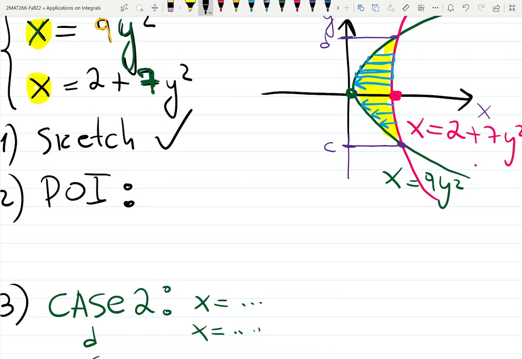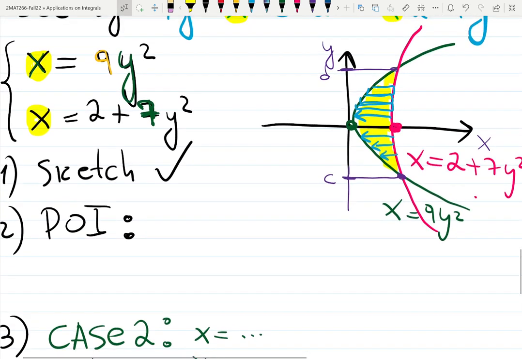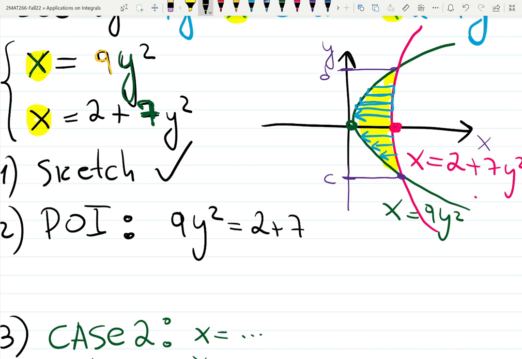Points of intersection come from the system of equations: x equals 9y squared and x equals 2 plus 7y squared. Left-hand sides are equal, so right-hand sides are equal: 9y squared equals 2 plus 7y squared. It's a quadratic equation; solve for y the way you know. Simplify, in this case it will be 2y squared equals 2 actually, or you can move everything to the left, why not?